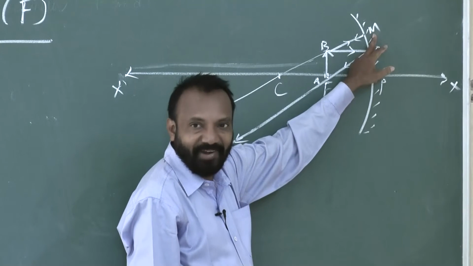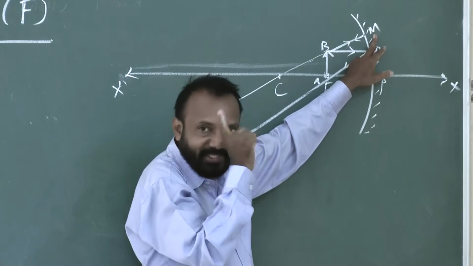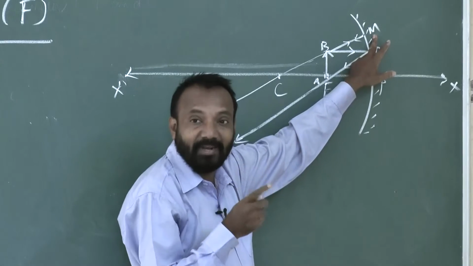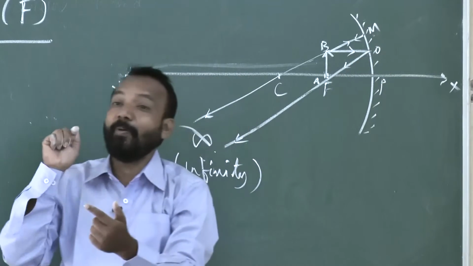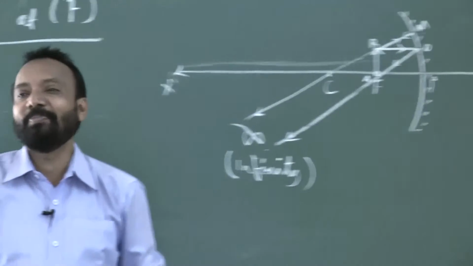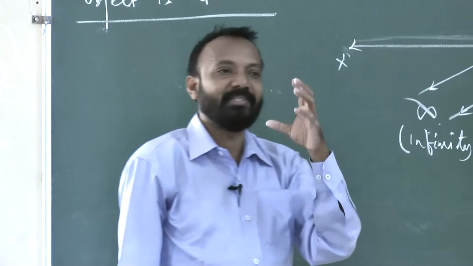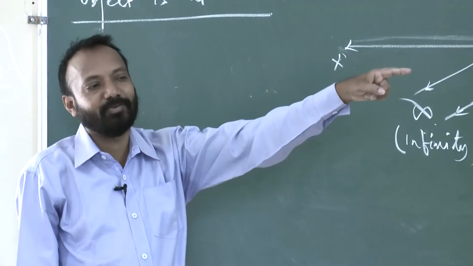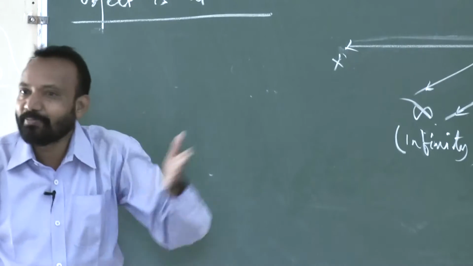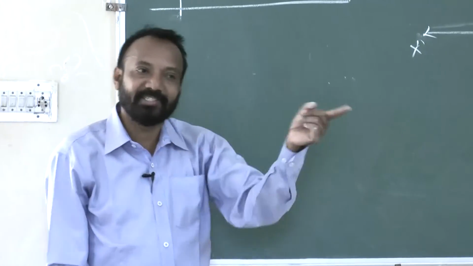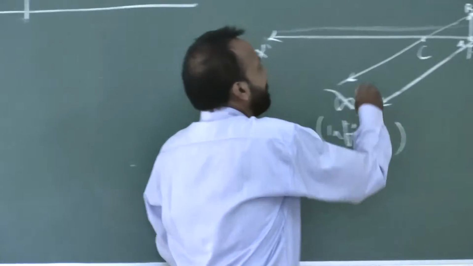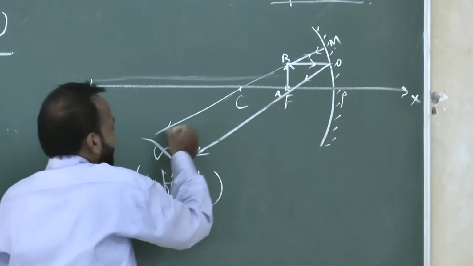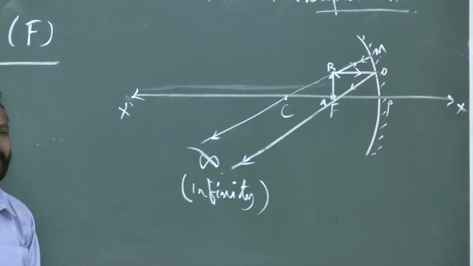Once again I am repeating, it is falling on the mirror in such a way that it returns back. That means the incident ray is falling perpendicularly. Keep this in mind: if the ray is falling perpendicularly to the mirror, then it will retrace back along the same line. The same thing is happening here also, and the rays appear to meet at infinity.